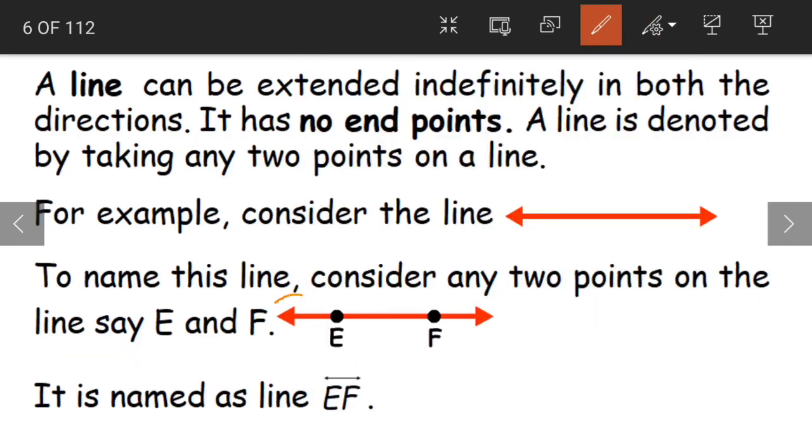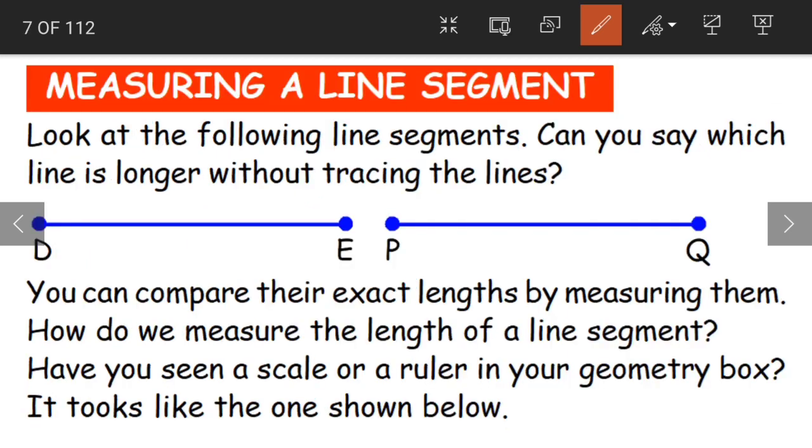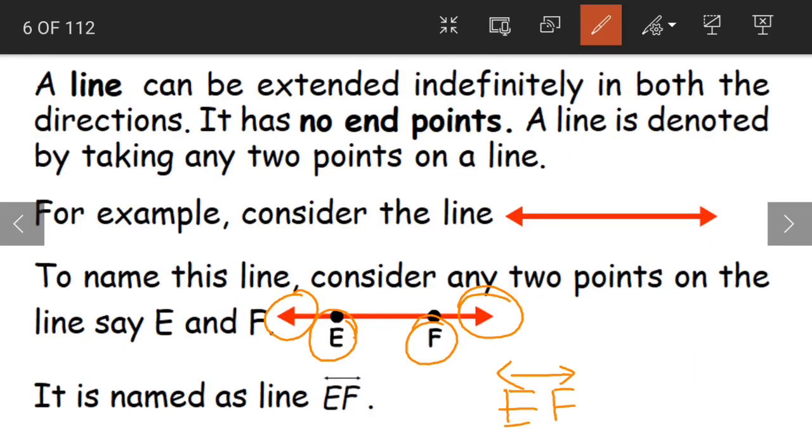How can we say it is a line? Because it can be extended on both the sides indefinitely. So it is a line, children. Now the 2 points on the line are E and F, so it is named as line EF. Upon EF we have to draw the line symbol.